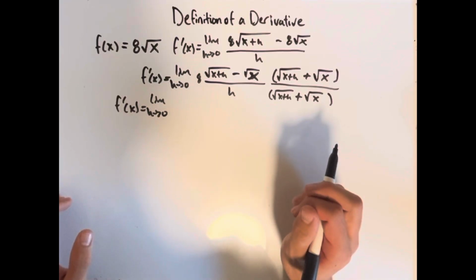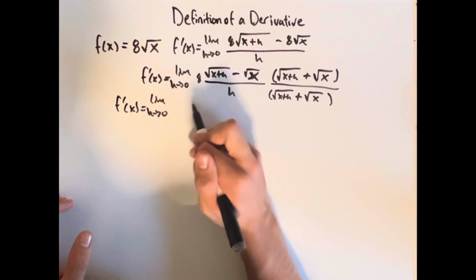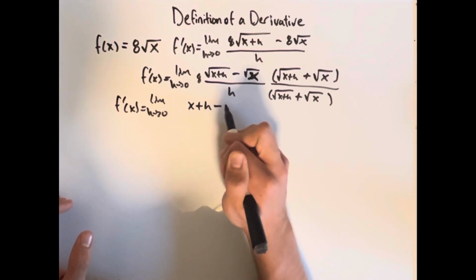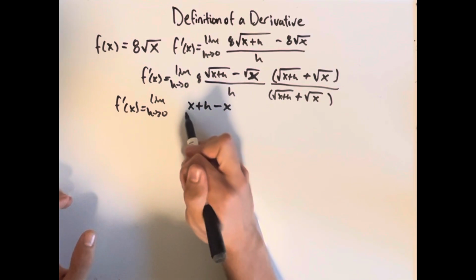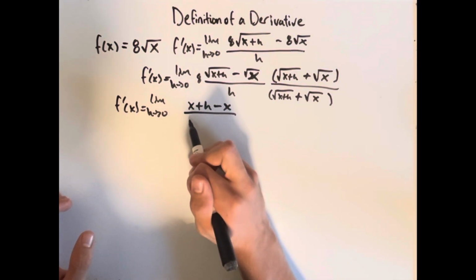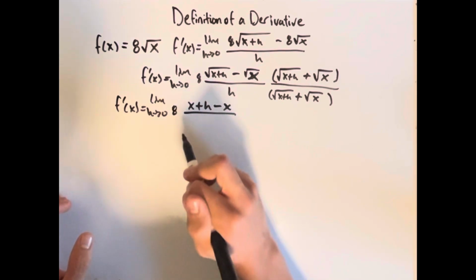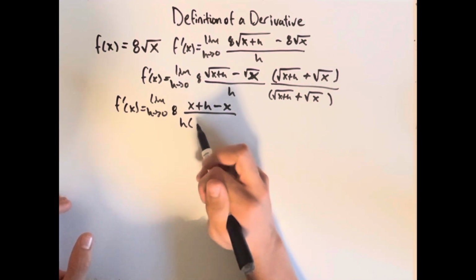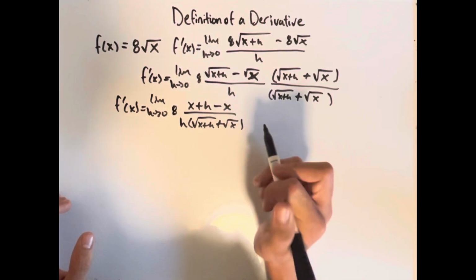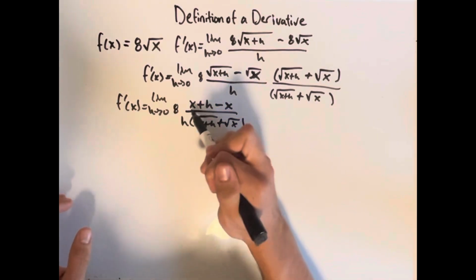So now we just have to simplify here, and we will get x plus h minus x in the numerator, and then in the denominator we'll just leave this, because you can see right here these x's will cancel.